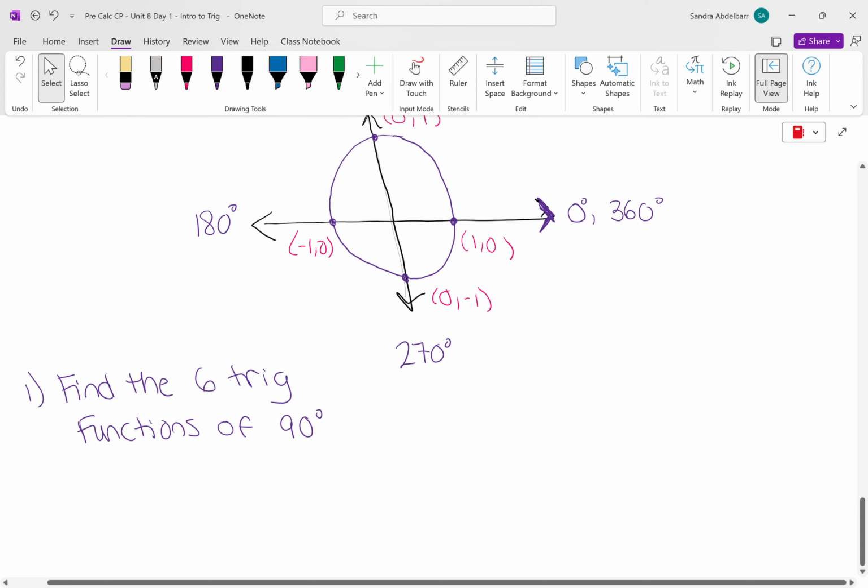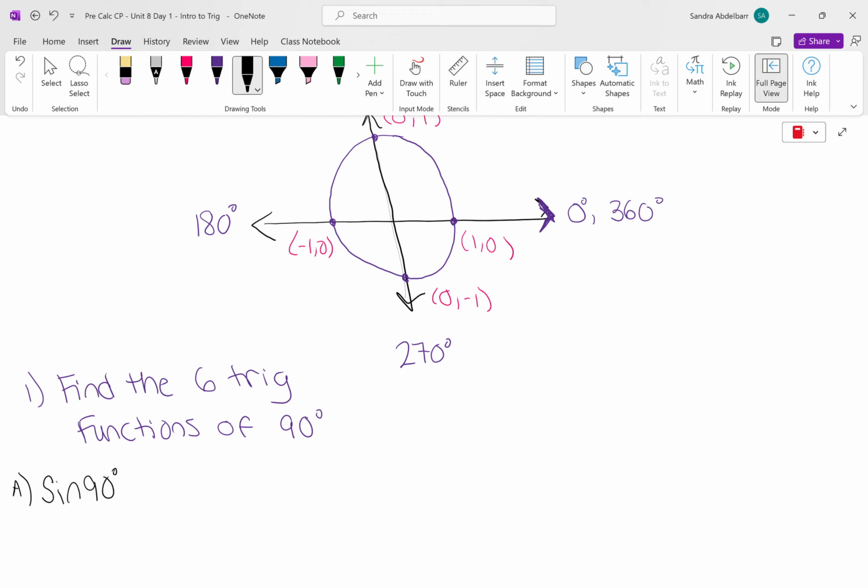When I say the 6 trig functions, what do I mean? I mean sine of 90. What's the reciprocal of sine? Do you remember? Cosecant. So I want the sine of 90. I want the cosecant of 90.